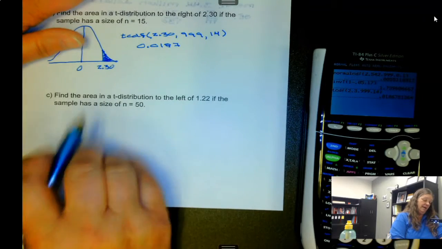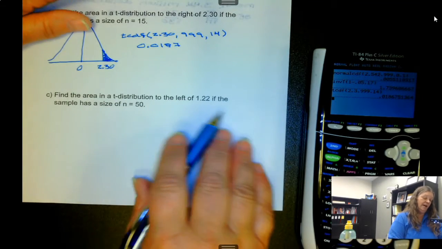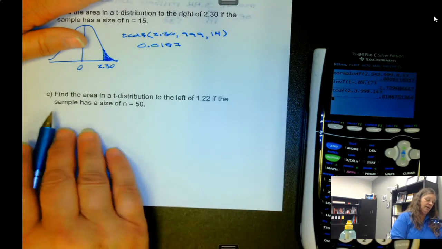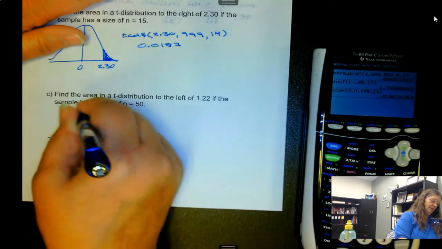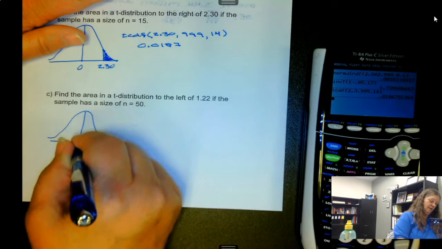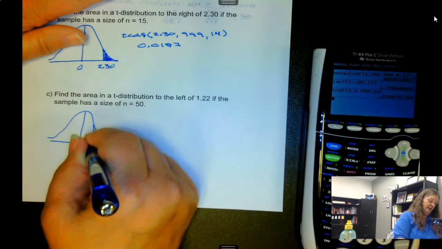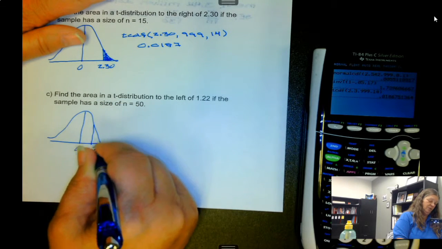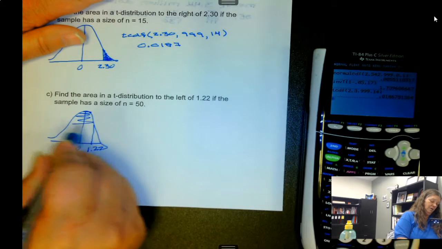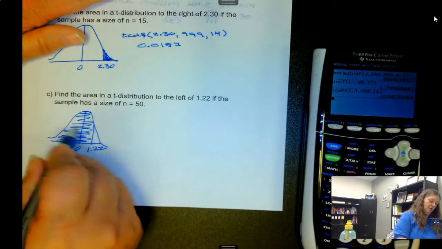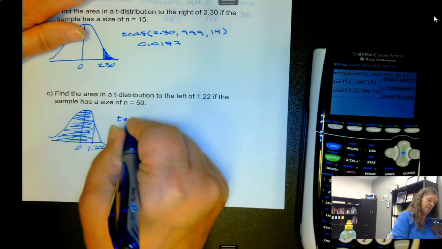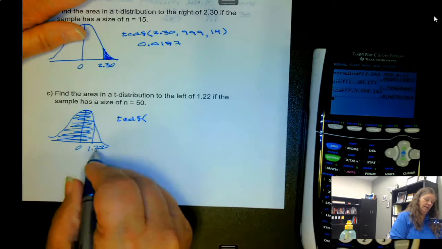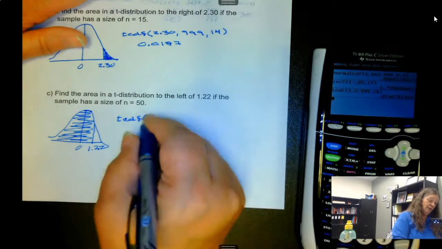Now we want the area in a t-distribution to the left of 1.22 if the sample has a size of n equal 50. So here's the 0, here's the 1.22. We want everything to the left. So it's TCDF. Now 1.22 is the upper limit.